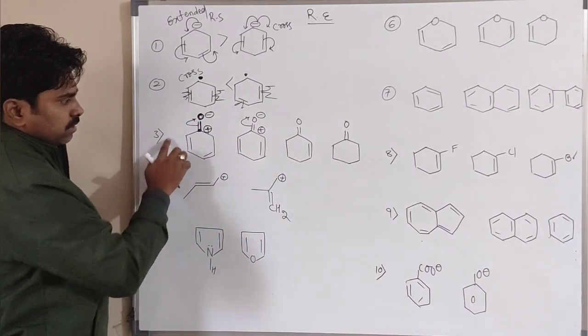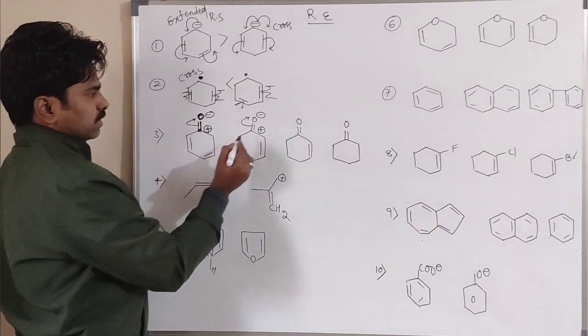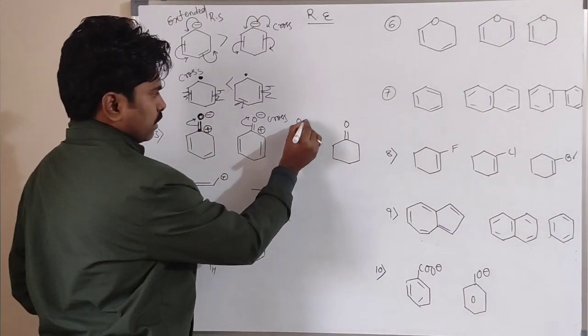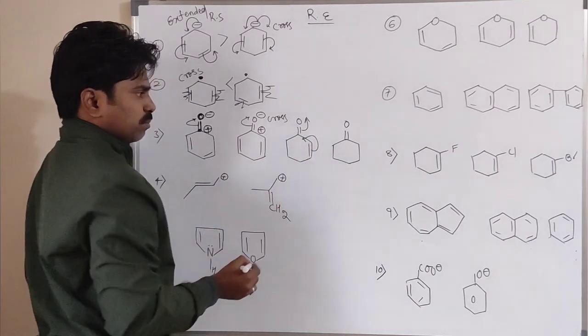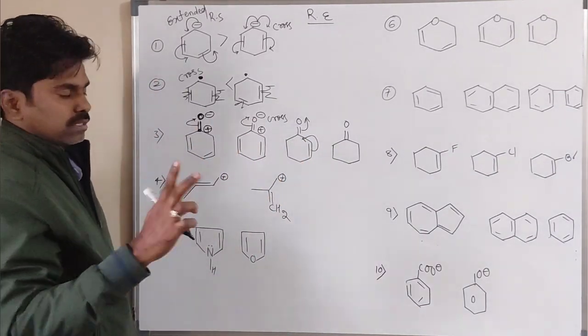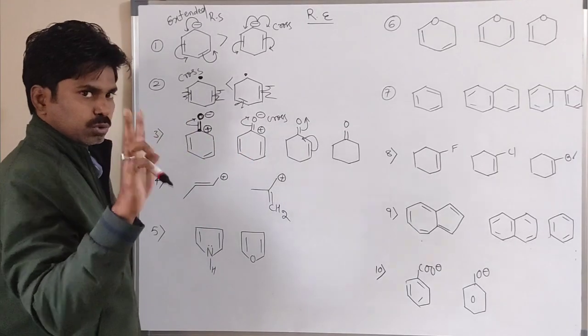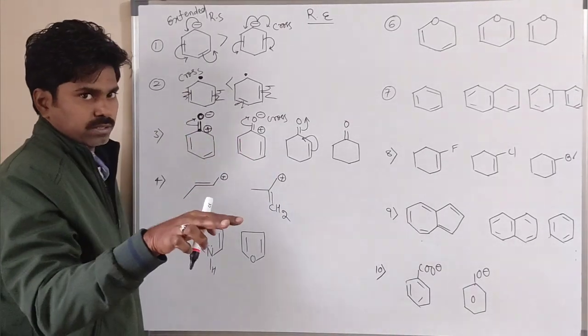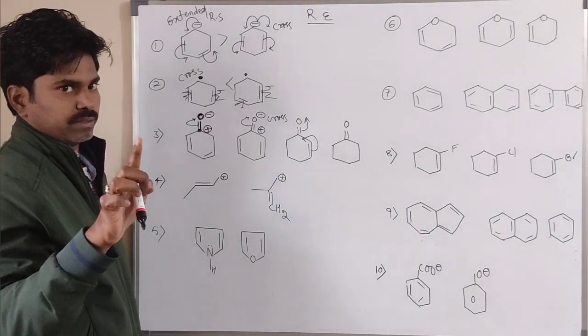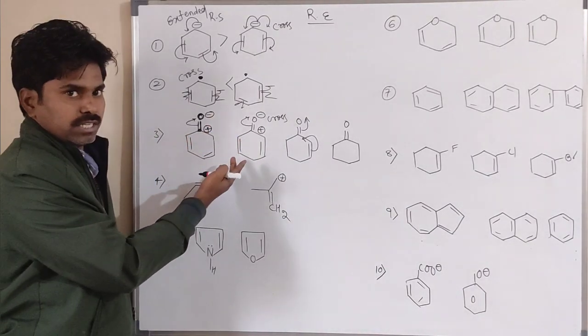This is extended, this is the cross. But here, how many pi bonds are there? Only one pi bond. But in this case, 2 pi bonds. Here the conjugation is two ways with 2 pi bonds, but here the conjugation continues with 1 pi bond. So there is more conjugation here.